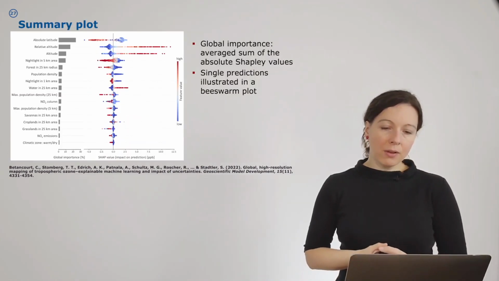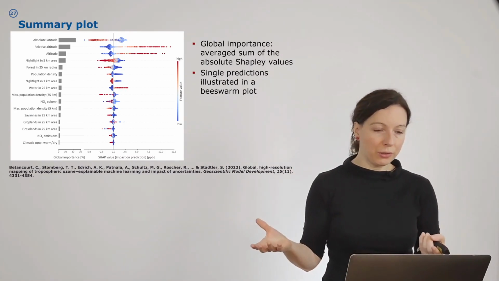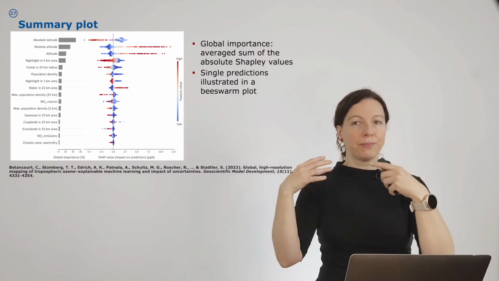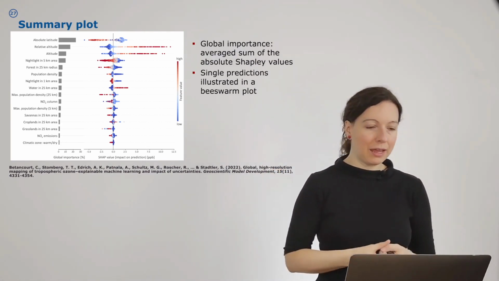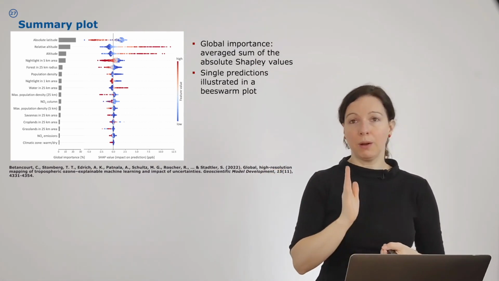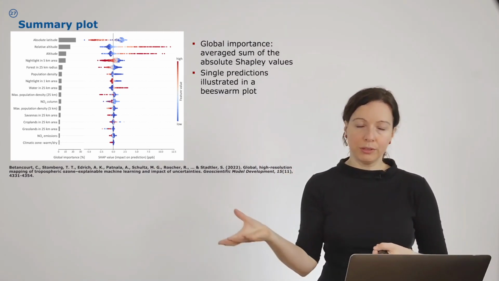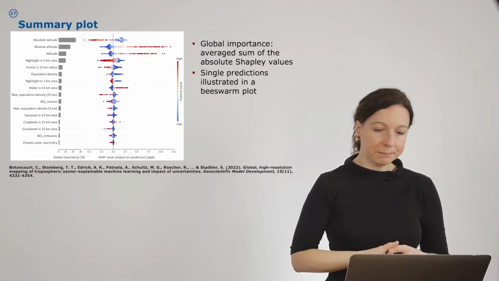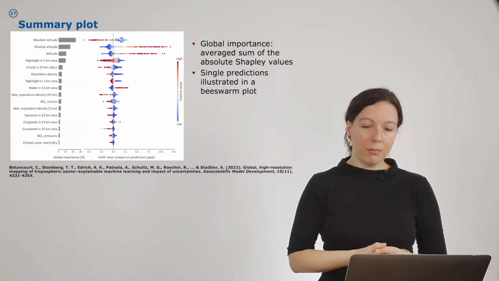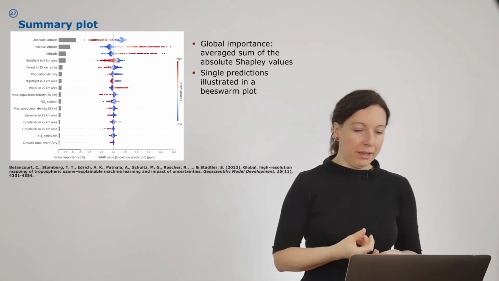So what I also want to show you here is, as I said, we want to focus on the local methods today, but I want to show you that we can also take all the single prediction analyses and use them for a global analysis. What you can see here is a so-called summary plot.